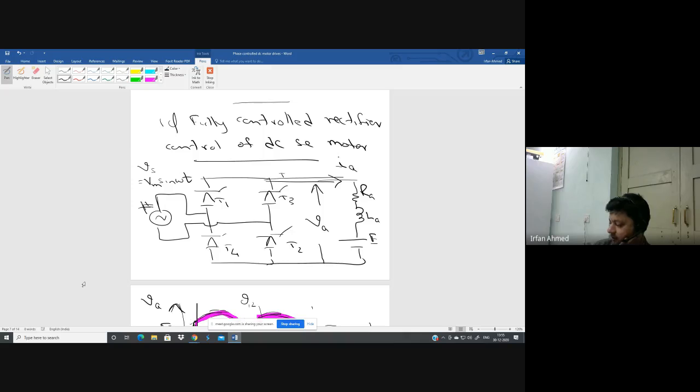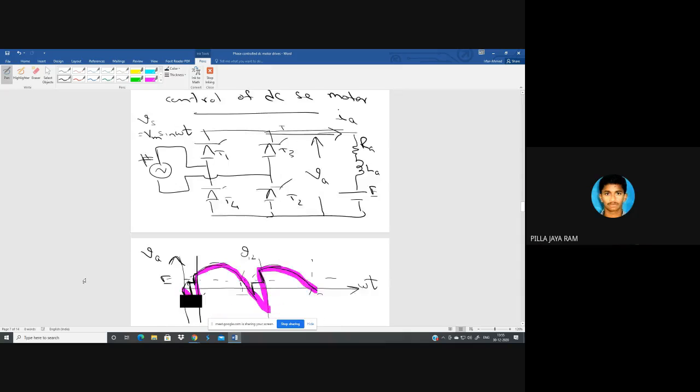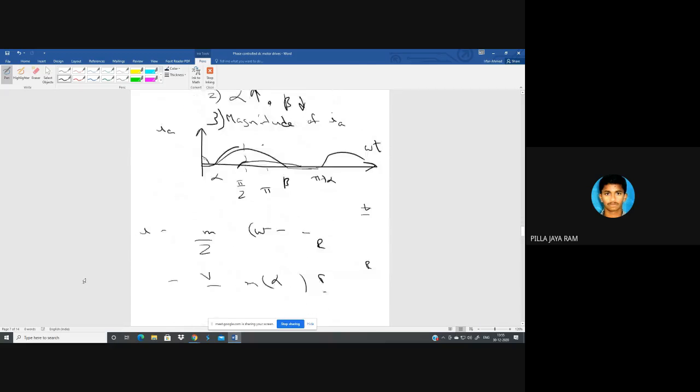What about the power factor? What is the formula for the supply power factor? Displacement factor into distortion factor. Yes.